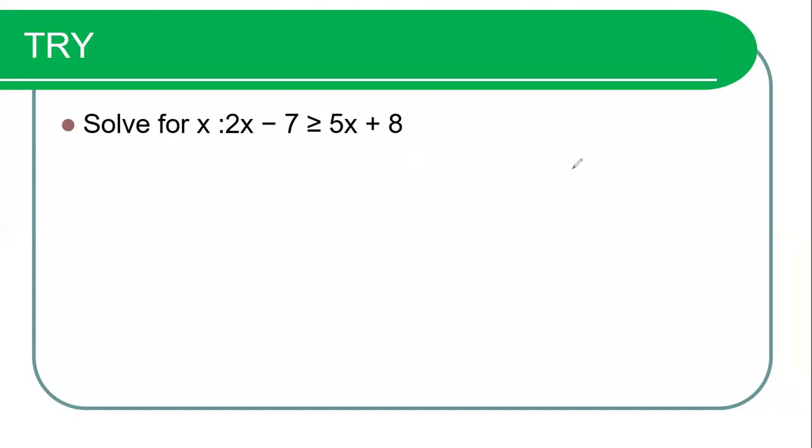Yes, Pesta, can I give my answer? Yes, give your answer. X is less than or equal to -5. Okay, thank you, Spencer. Karen, are you getting the same answer? What about Elliot, Einstein?